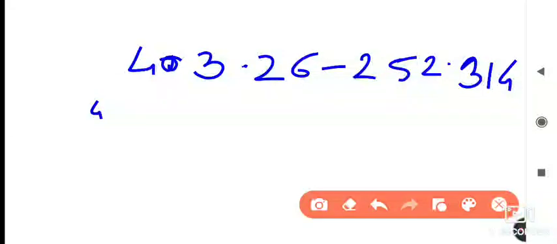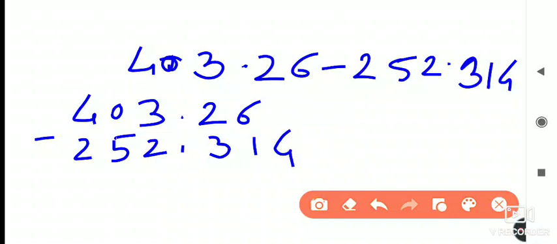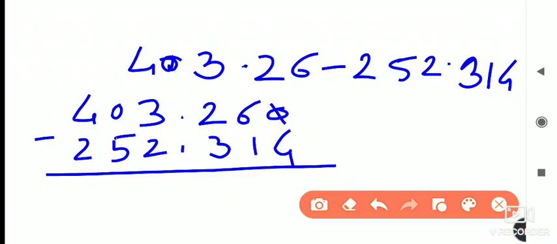So I will do it here. First step: if a number is not there, we have to give 0 here in the subtraction. So 0 minus 4 is not possible, so we have to borrow 1 from this side. So here it is 10. 10 minus 4 is equal to 6. 5 minus 1 is equal to 4.